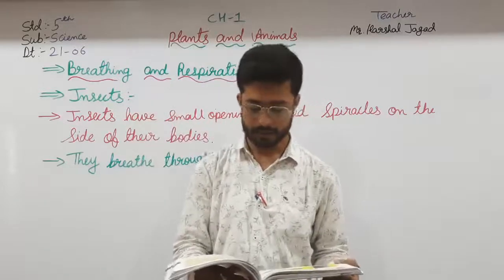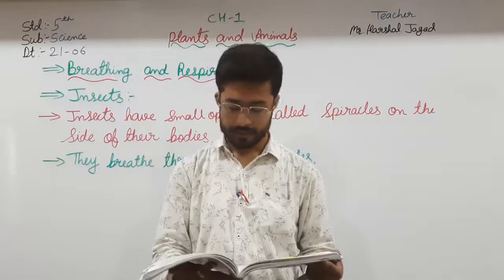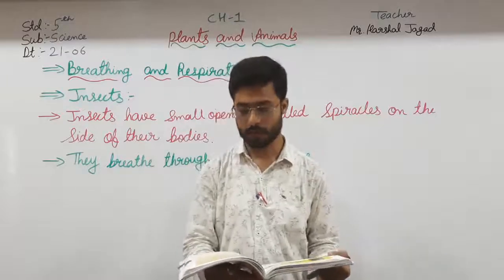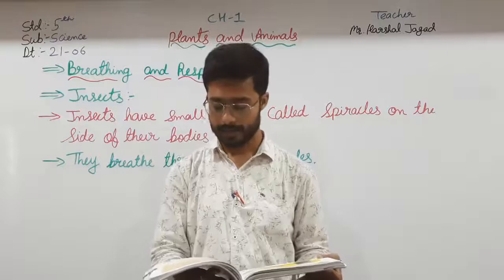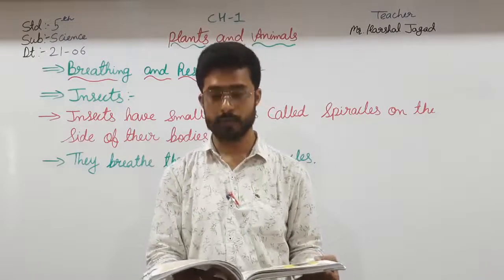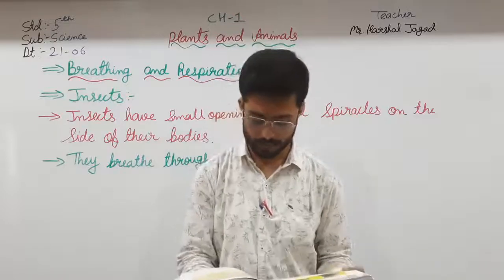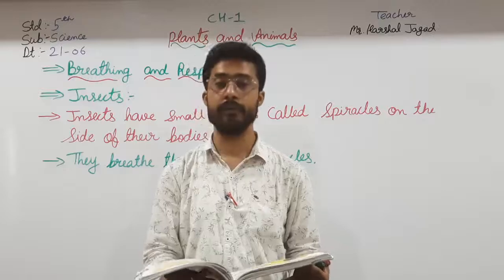They come to the surface of the sea once in a while to breathe. Then some animals such as frogs breathe through their skin when they are in water and through their lungs when they are on land. Breathing through skin is called cutaneous breathing. Animals such as frogs that live on both land and in water are called amphibians.